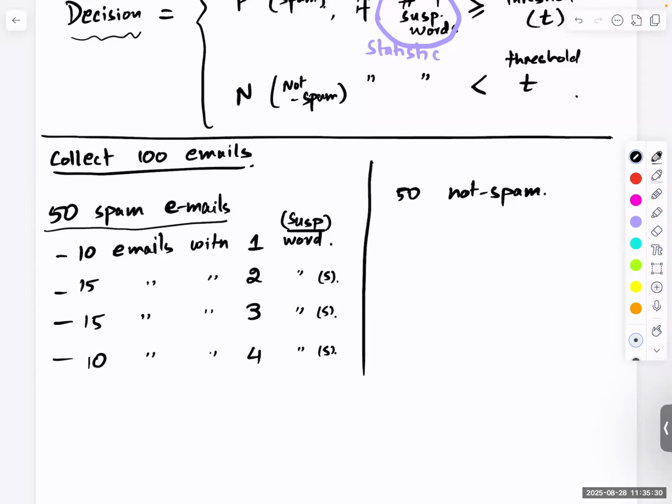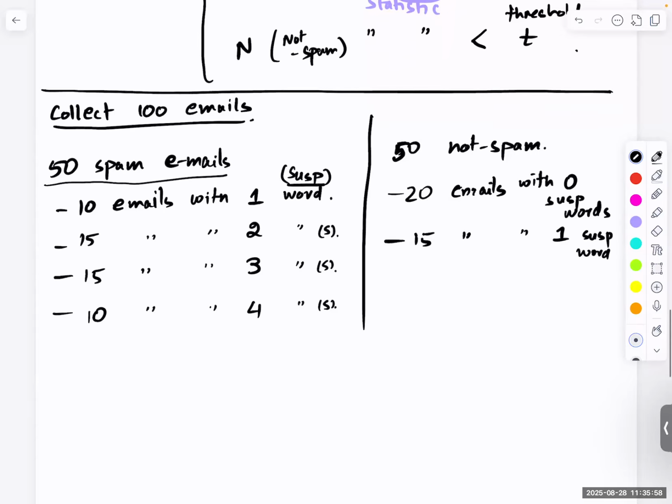Similarly, for the 50 non-spam emails, I had, say, 20 emails with 0 suspicious words, 15 emails with 1 suspicious word, 10 emails with 2 suspicious words, and then 5 emails with 3 suspicious words.